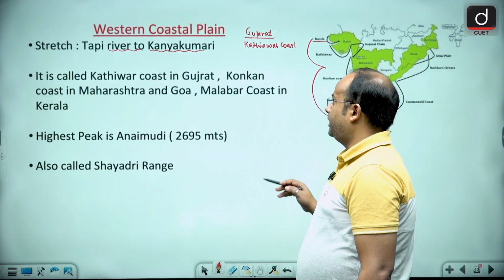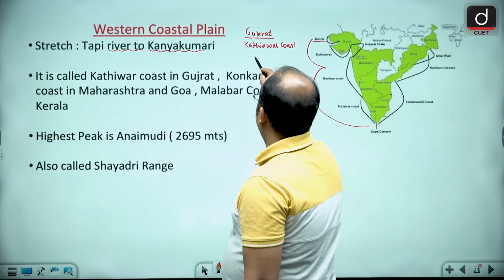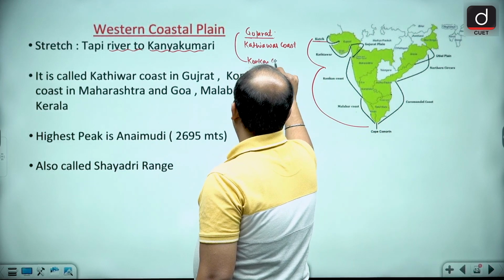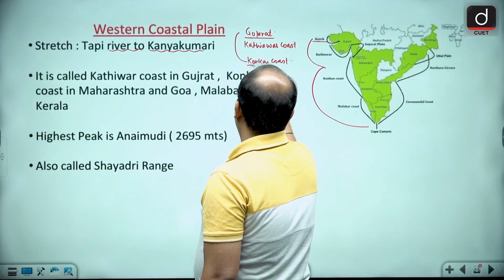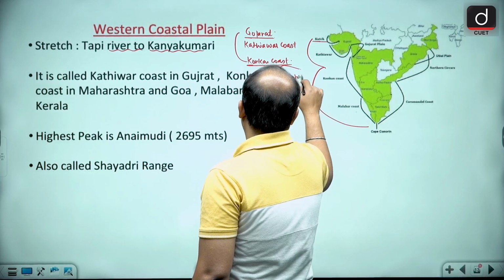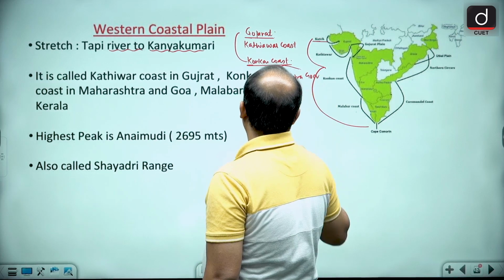So from the Kathiawar coast to the Konkan coast, which is located in Maharashtra plus Goa.